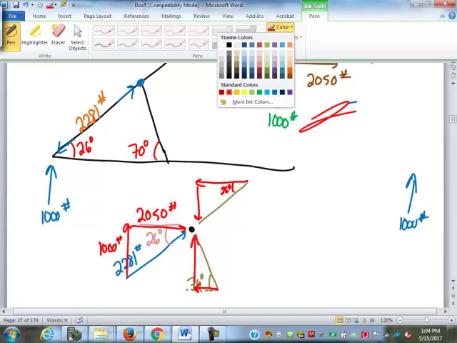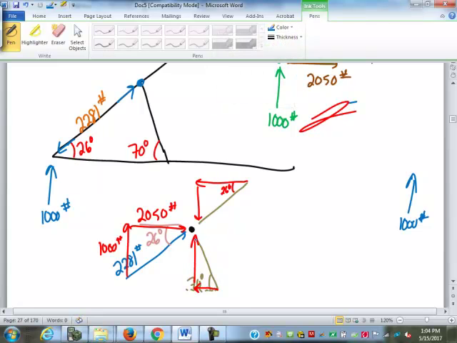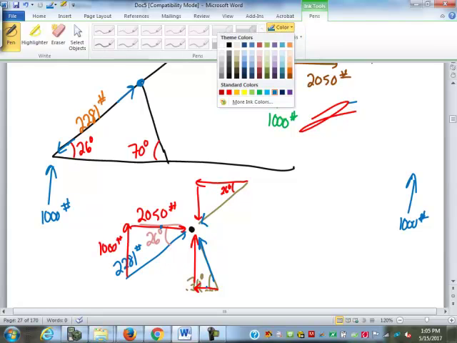I'm going to make the assumption that this one's pushing that way. We call it compression. We're going to make the assumption that it's in compression, mainly because the horizontal component of this one would be hard-pressed to be large enough to counteract that 2,050 pounds there. So now we've got some issues.